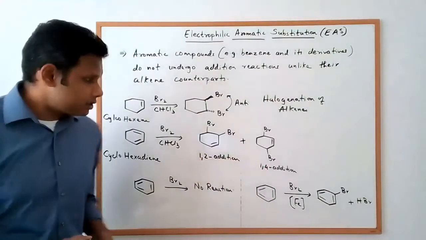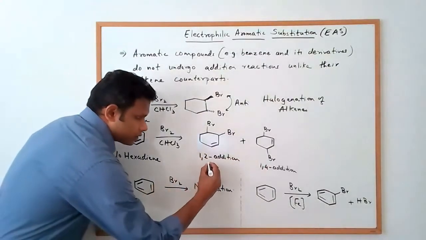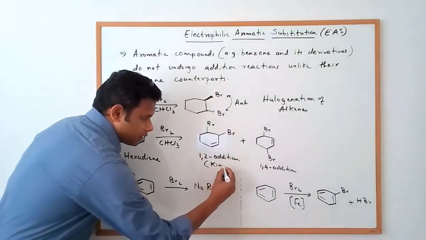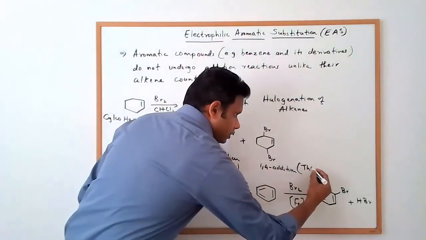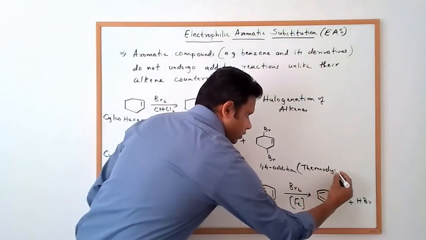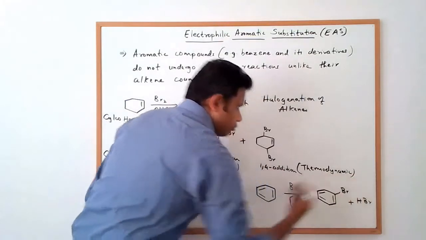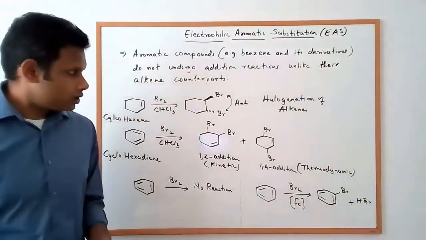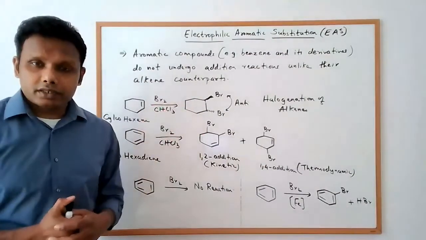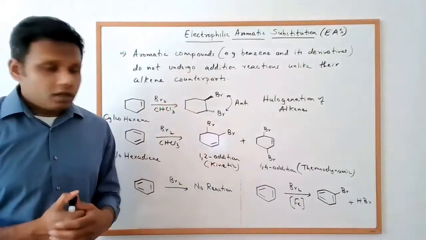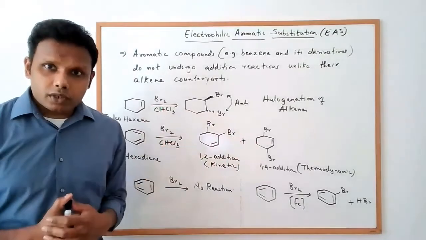Now, under these conditions, the 1,2 addition product is the kinetic product, while the 1,4 addition product is the thermodynamic product. So both of these molecules undergo these addition reactions using bromine to give us the addition products.